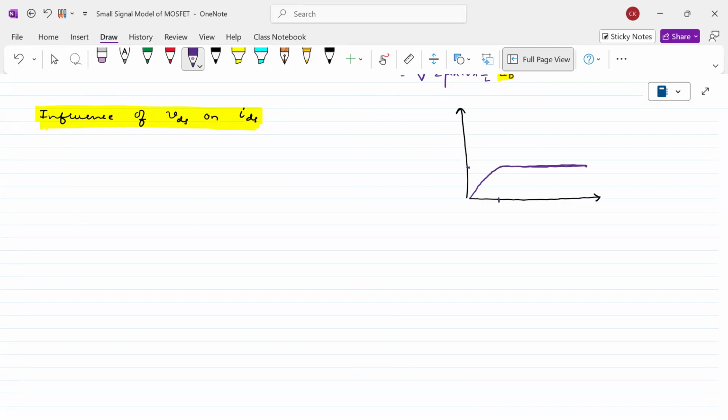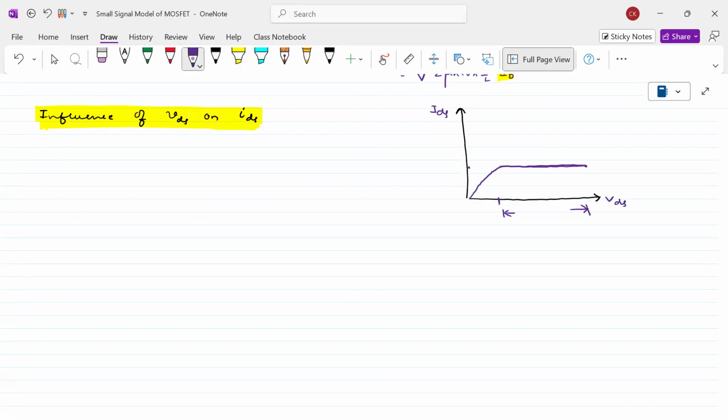So the moment you cross this particular point, as long as VDS is applied, the IDS is constant. That's what we have seen. But generally, non-linearity will always come into the picture.